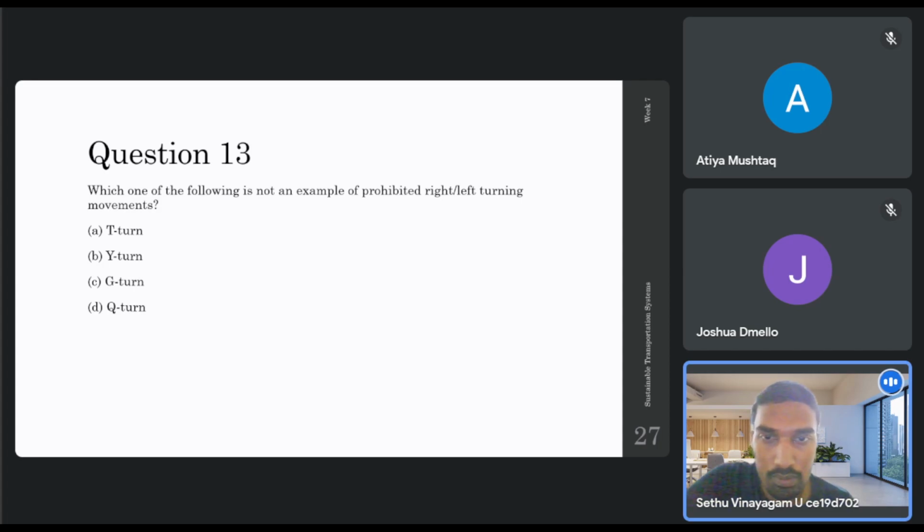Okay, so here one vote for option B, Q turn. Okay, any other answers? Okay, so let's take a look at the right answer. The right answer is option B.